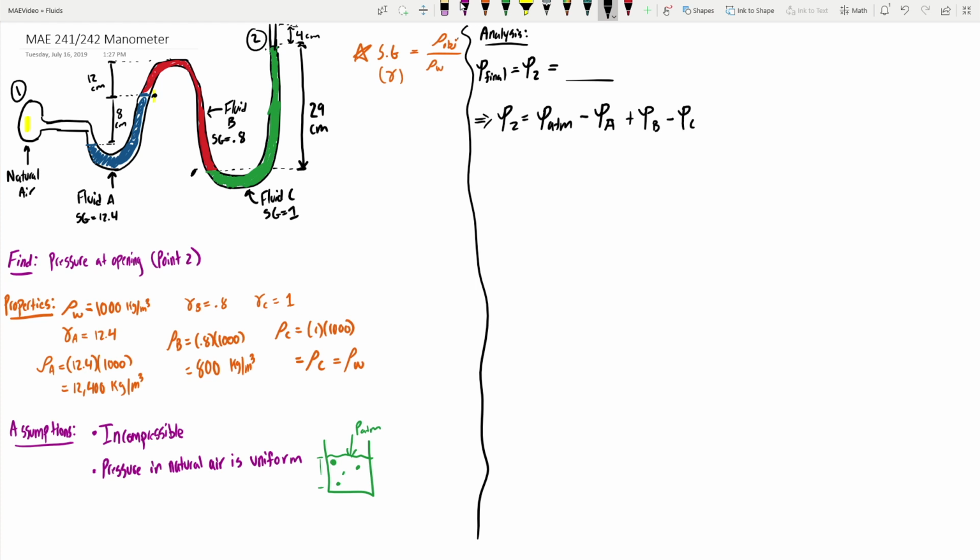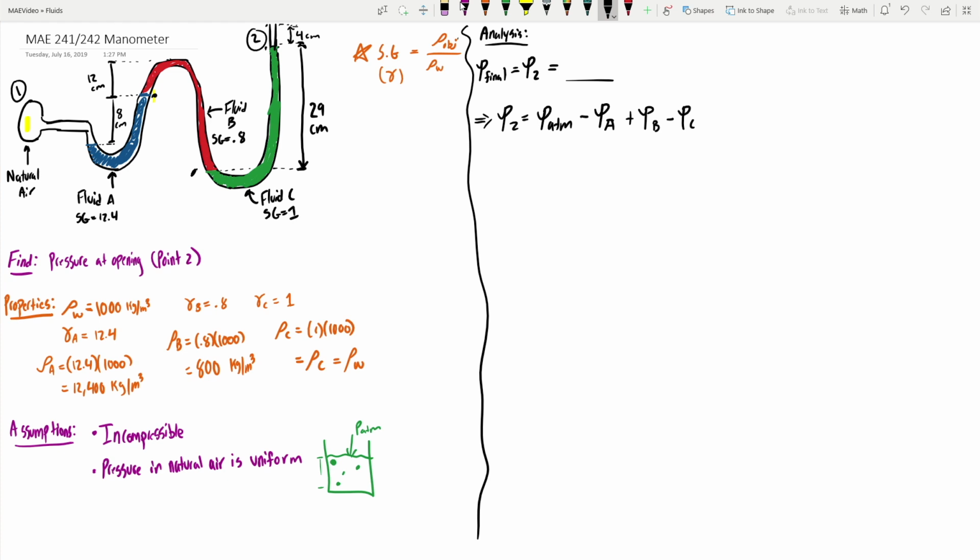All right, and now technically we're up here where fluid C ends and the atmosphere is in contact with fluid C. At that point, we don't need to do anything else because that's our final location. Even though this says 4 centimeters, it doesn't matter because the pressure is uniform since this is just air, meaning the pressure here and the pressure up here are the same. So we are done with this part of the problem.